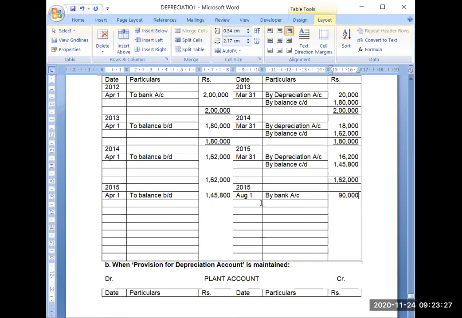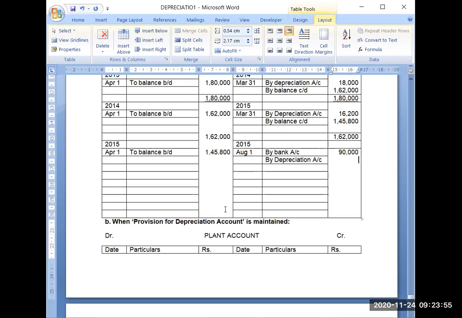Then because we have used this machinery for some part of the year from April 1 to August 1, we will obviously charge the depreciation also by depreciation account. And the depreciation, how it will be calculated, just see the working note. 1,45,800 is the written down value.